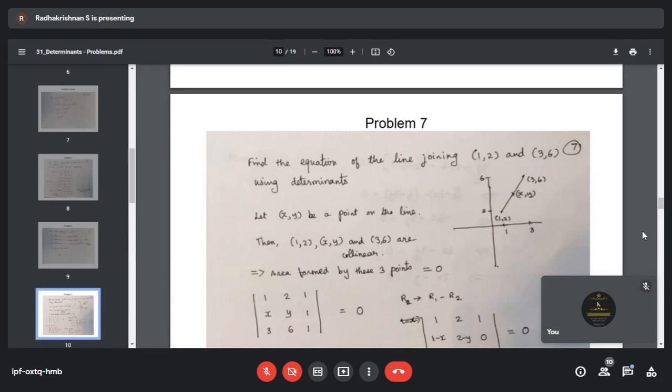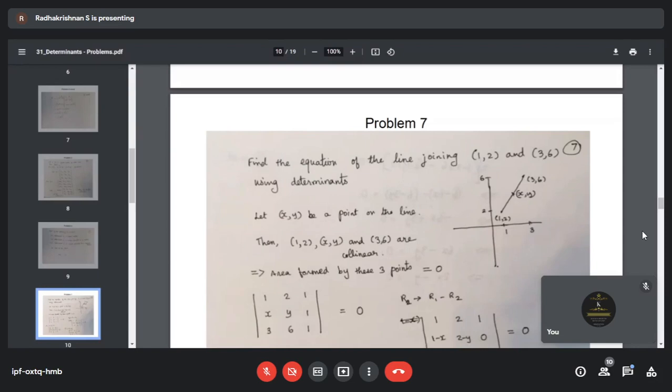Raji? Raja King? Sir, tell me, Samita. Sir, if we just do the determinant, we get 2x minus y equal to 0. Okay, that's what you have to do.